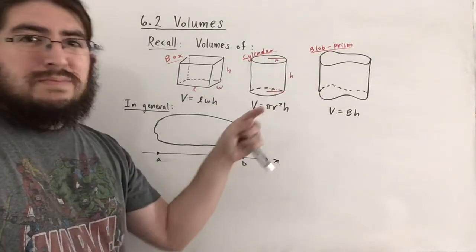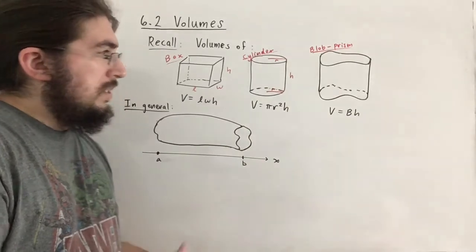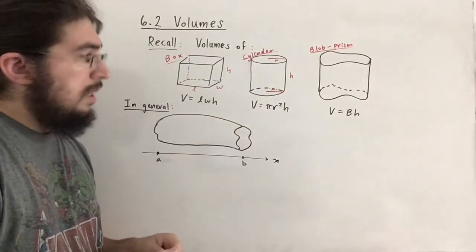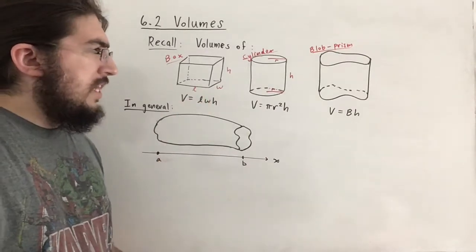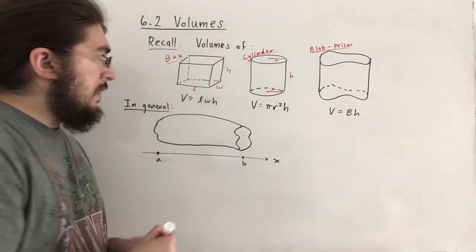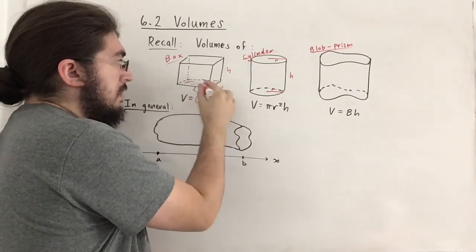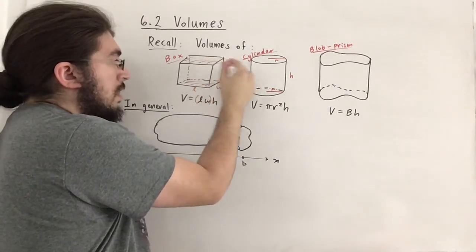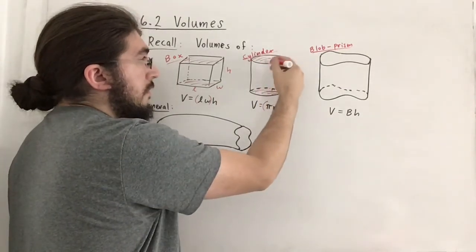Here, the prism will have a base being the same blob, which may have these weird curves along it, but the way we describe the volume here is the same way we describe the volume for these ones, so the idea makes sense, because notice, LW really is just the base area. Here, pi r squared is really just the circular area.